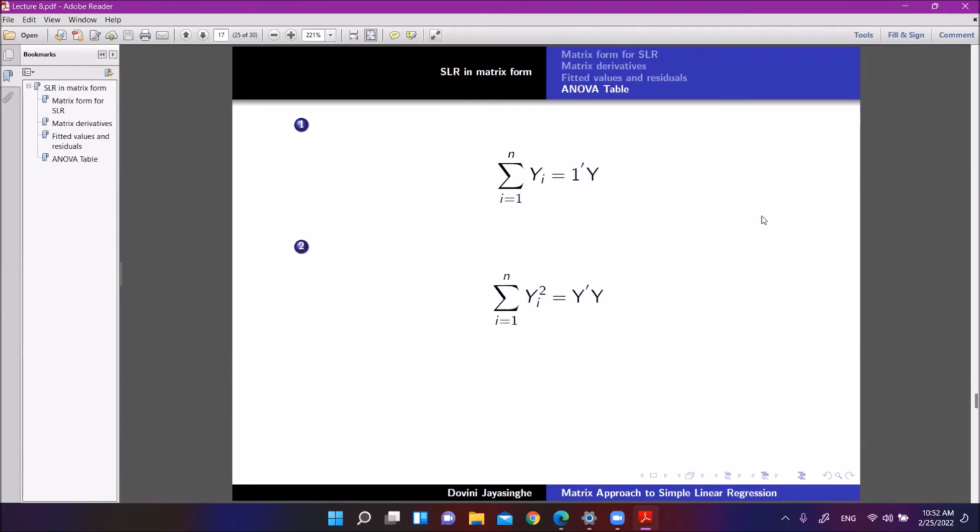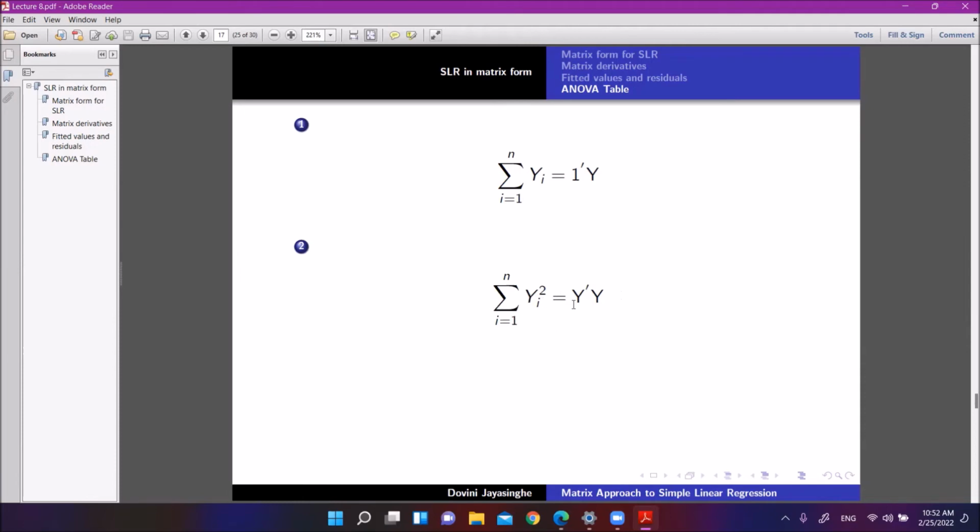Next one. In SS computations, that is sums of squares computations, the source of variation computations, we need these quantities, right? You all know the formula, so we need these quantities. So in matrix approach, how are we going to get the summation of squared terms? You have to simply get y transpose y.